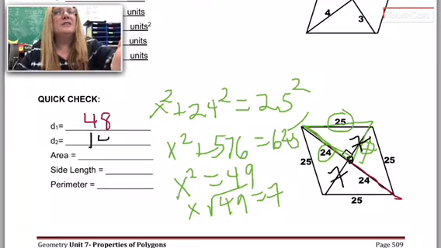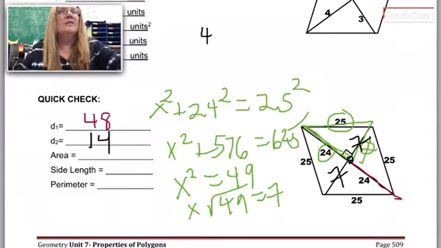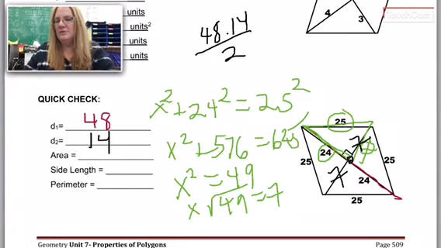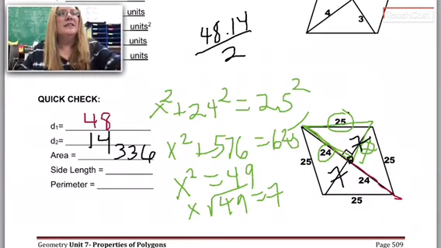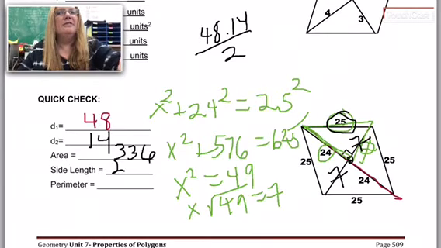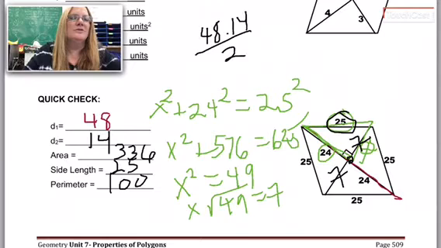So 14. So the area is 48 times 14 divided by 2. 336. And then the side length was given to be 25, and there are 4 of them, so the perimeter is 100.